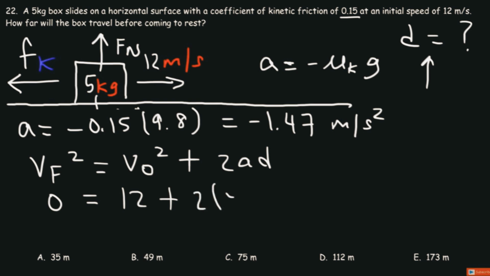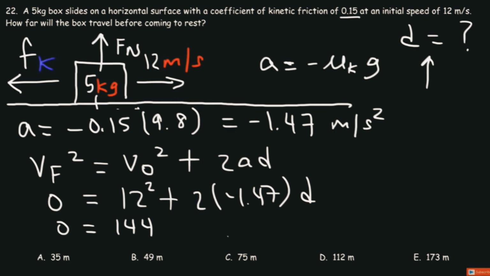And now we can calculate d, and let's not forget to square this number. 12 squared is 144, and 2 times negative 1.47 is negative 2.94.